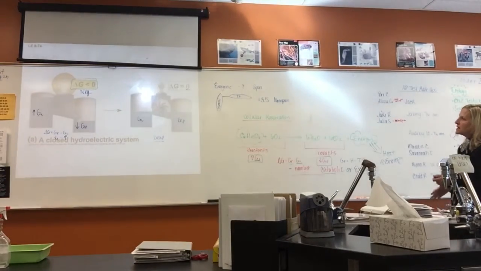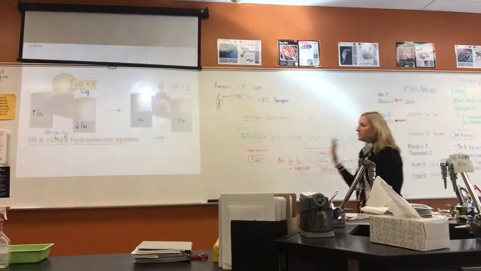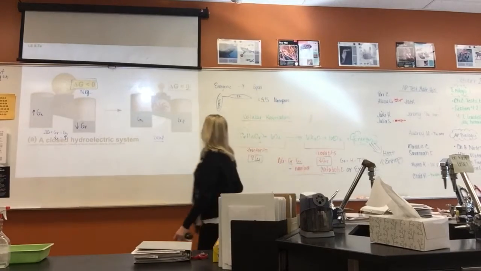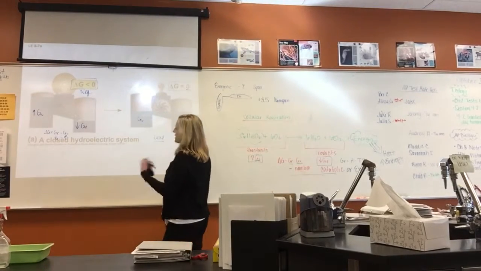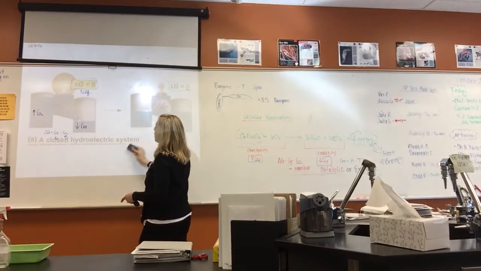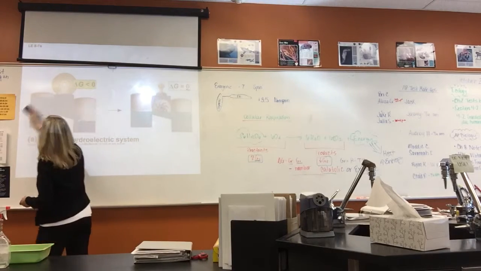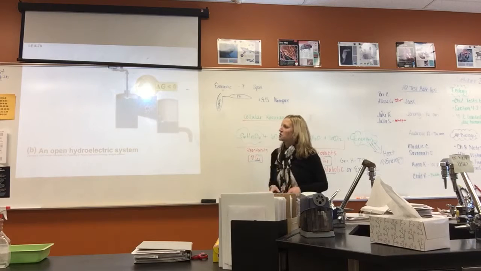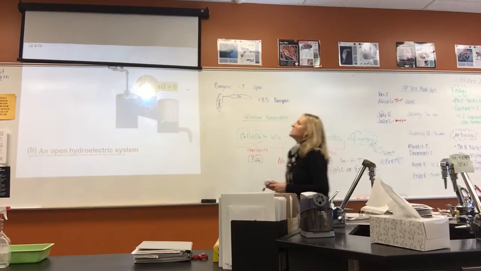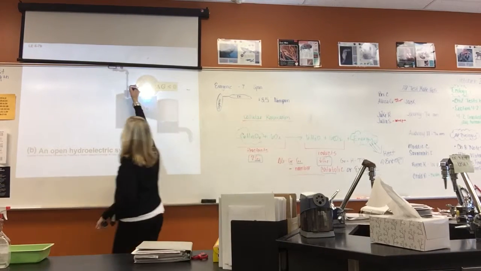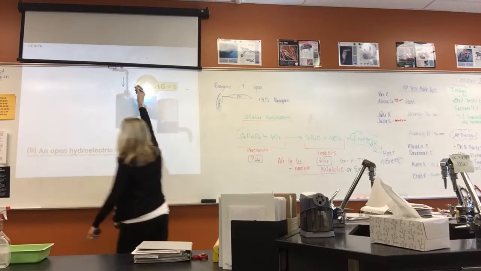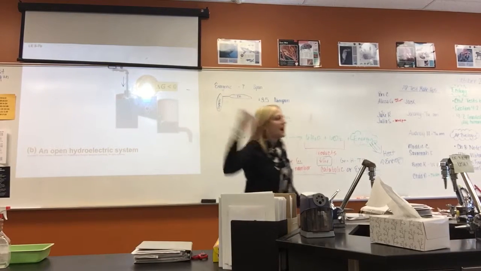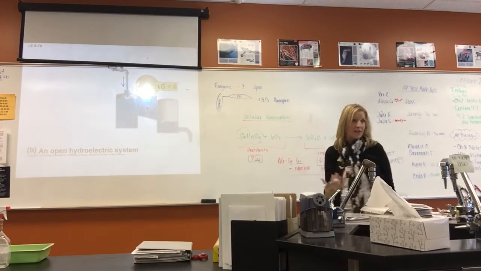What we want is always an influx of things coming in and an outflux of things coming out, so that we never reach equilibrium and work can always be done, which is what the next picture is showing you. So B is showing you this open system. In our cells, this influx of water coming in would be food, oxygen, things coming into our cells that we need.